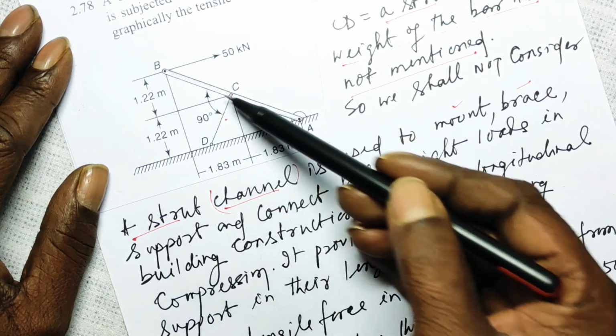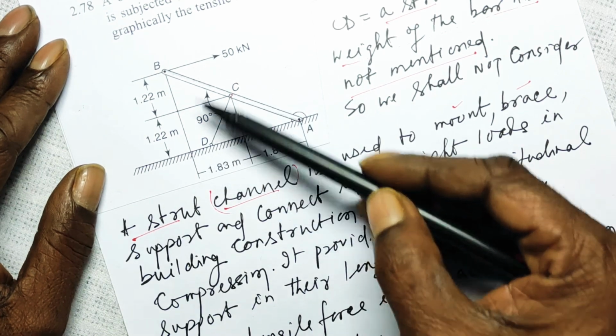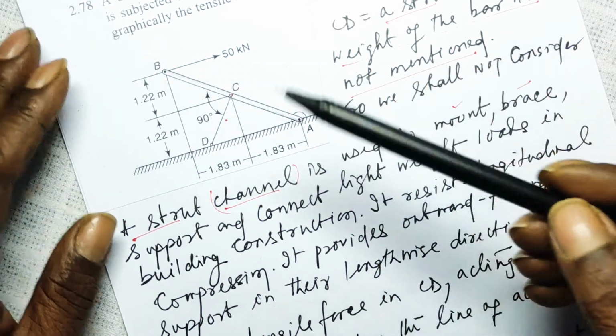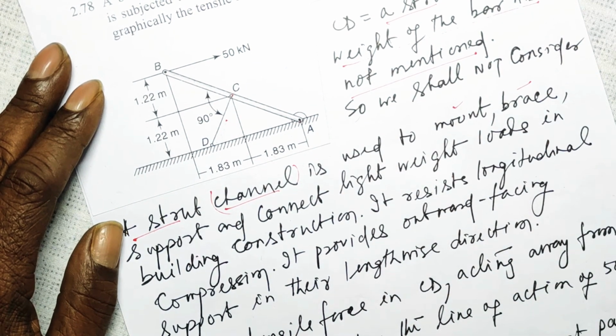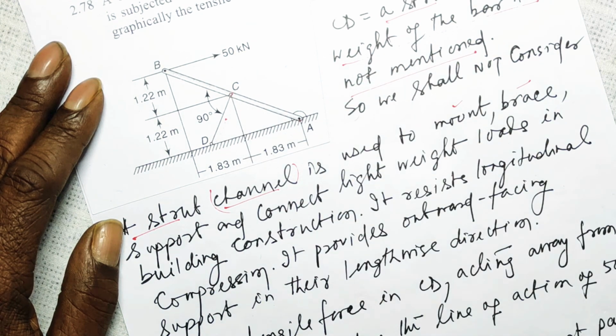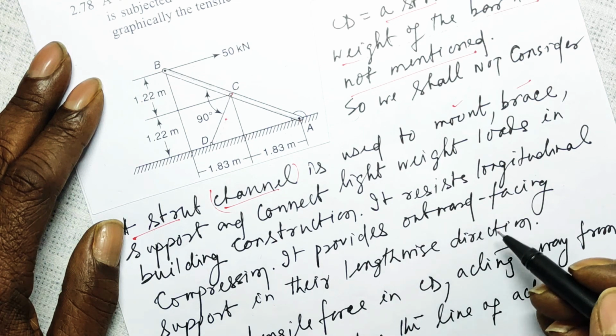So this bar AB is trying to compress this strut like this to this side. So there will be a longitudinal compression along the CD. So what it does, it provides outward facing support.